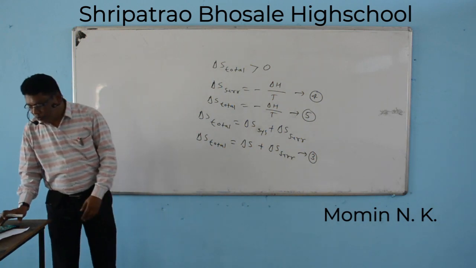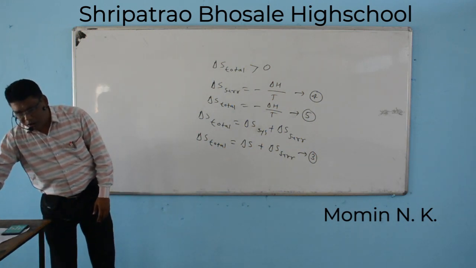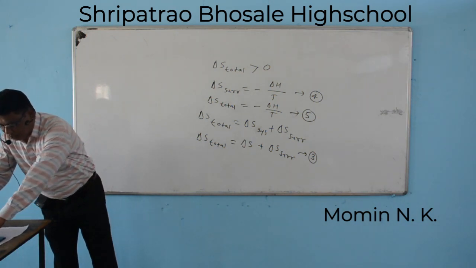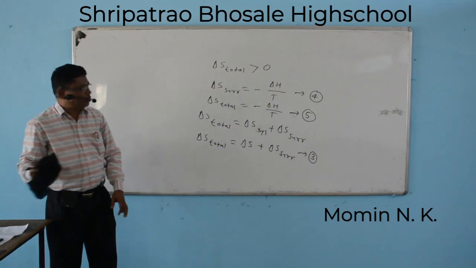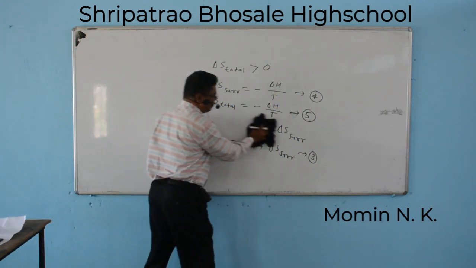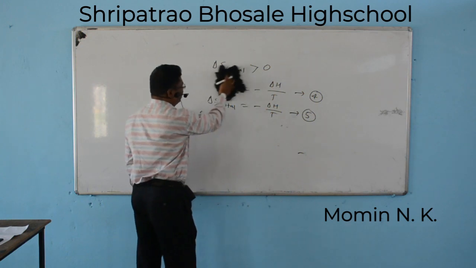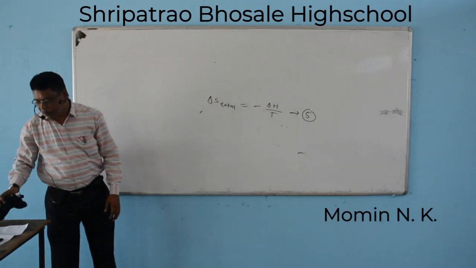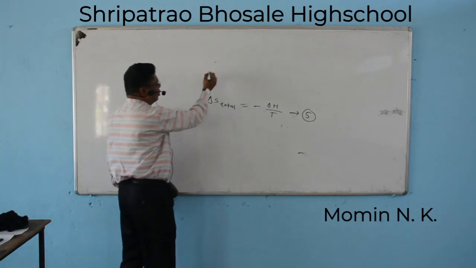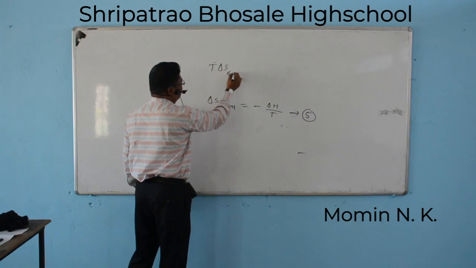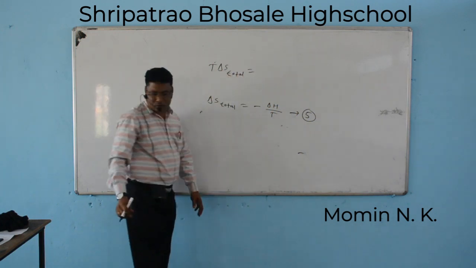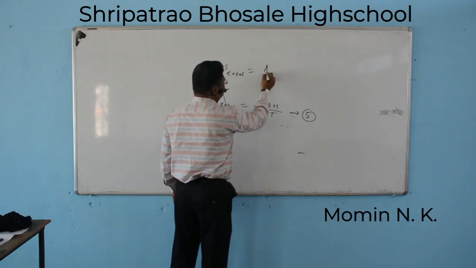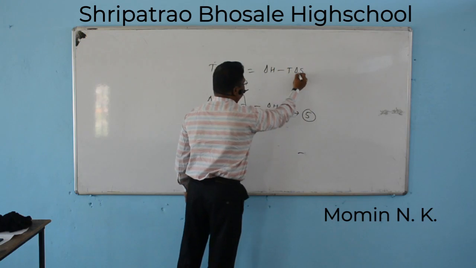Here delta S total is expressed in terms of the properties of the system alone. Rearranging equation number 5, we get T delta S total is equal to T delta S minus delta H, that is, minus (delta H minus T delta S).